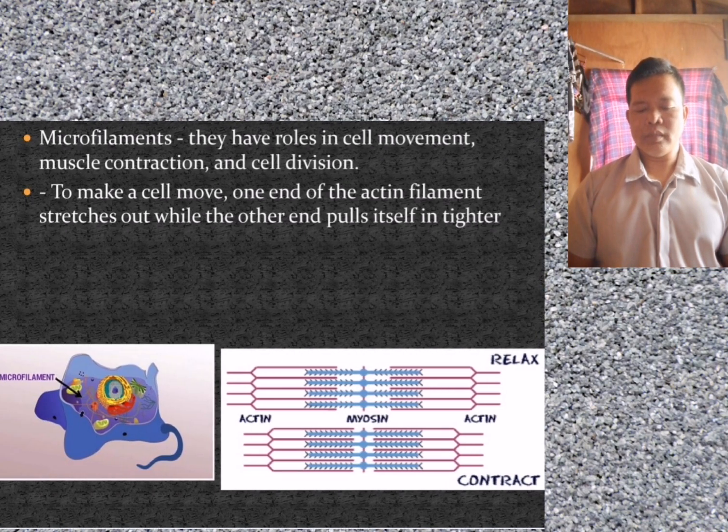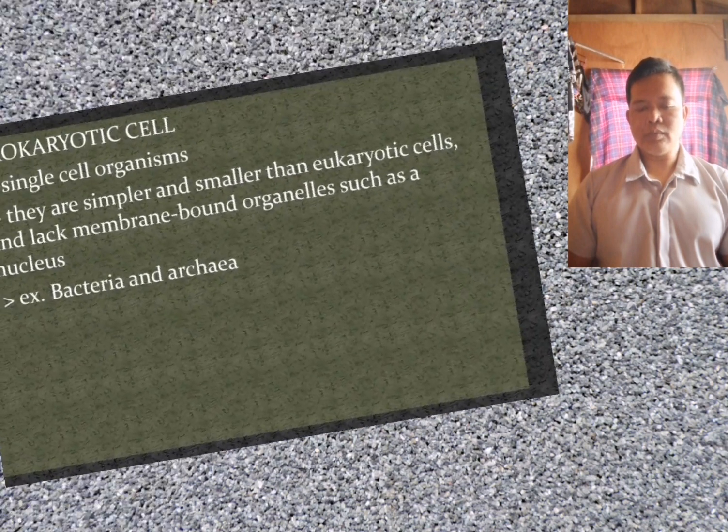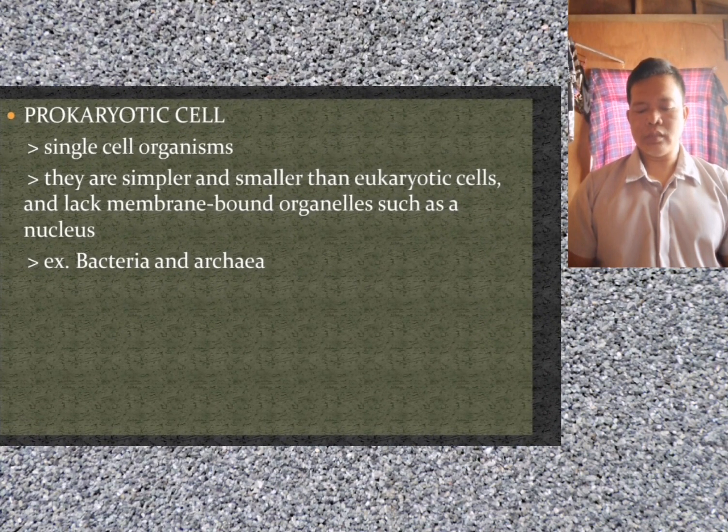The microfilaments have roles in cell movement, muscle contraction, and cell division. To make a cell move, one end of the actin filament stretches out while the other end pulls itself in tighter.